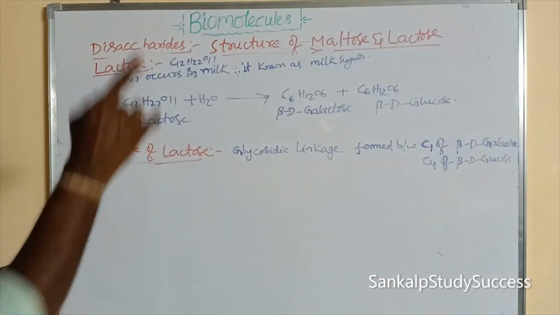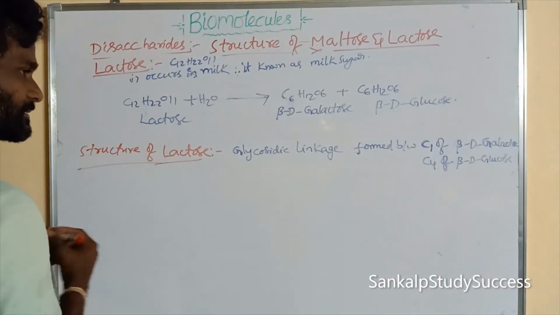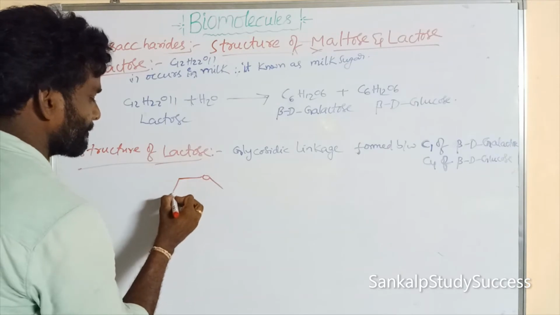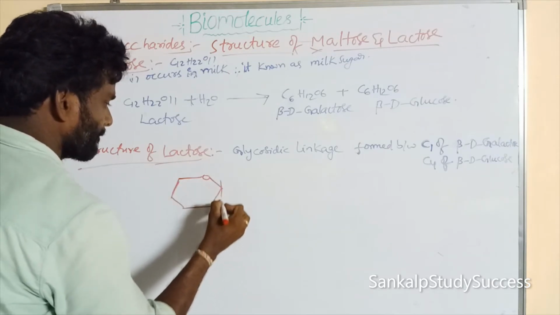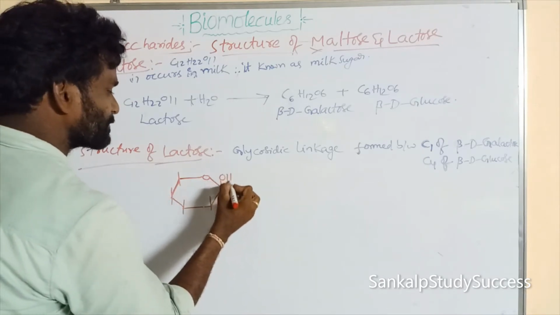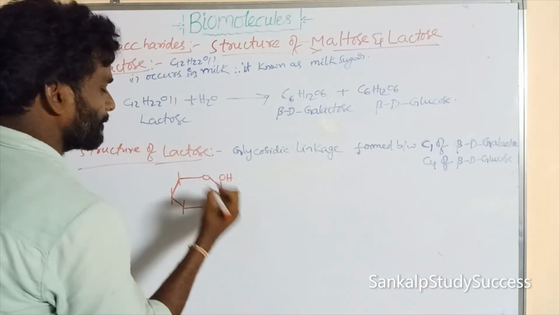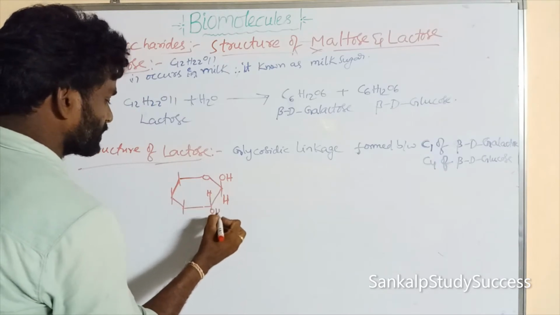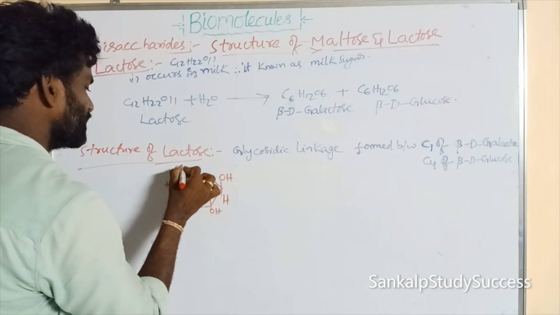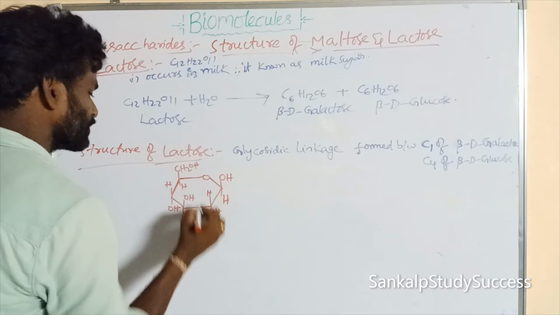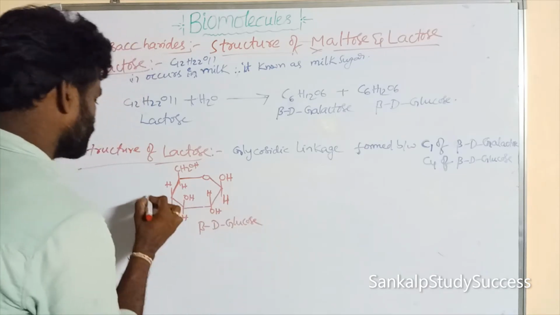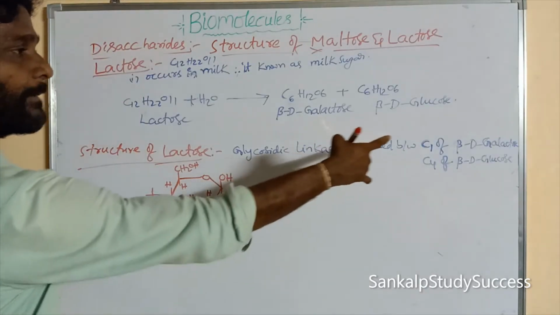Now we can write beta D glucose. Beta D glucose means OH is present above the plane and H is present below the plane, with the remaining groups the same, and CH2OH. This is combined with beta D galactose.